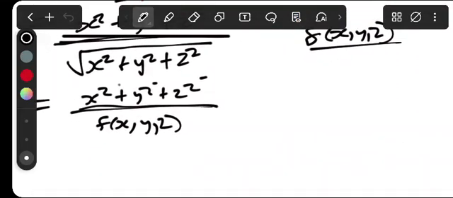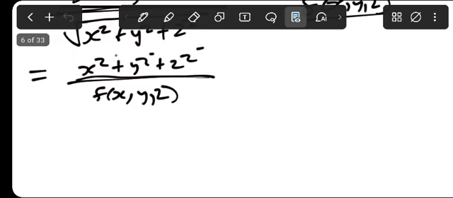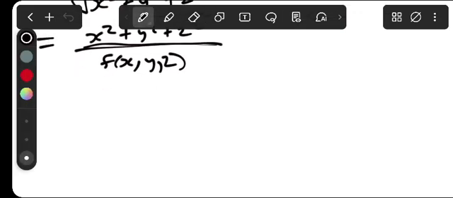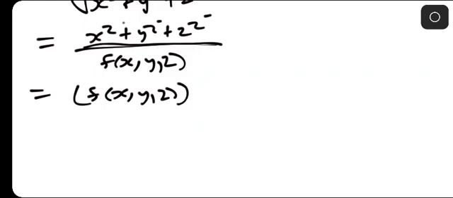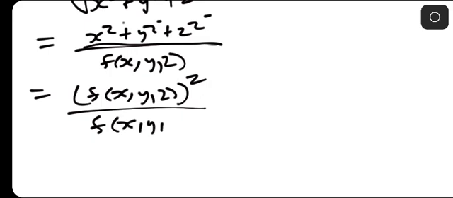Okay. So since we have seen that, this is the same as f of x, y, z, but remember we've squared. We made this become two of them. We squared this, all over f of x, y, z.